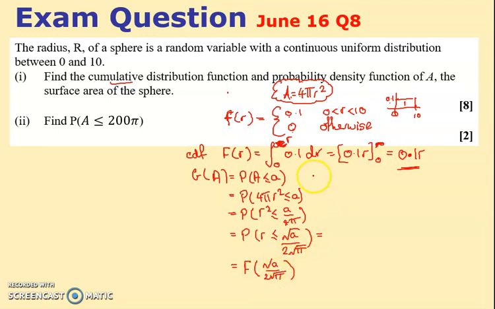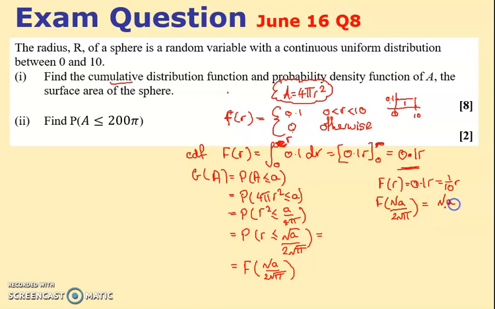Now remember what we do then, we go back to our f formula, which was 0.1r, and we say, well, hang on a bit, if f of r equals that, then f of root a over 2 root pi, well, that's simply 0.1 times it. Now 0.1 is like a tenth of r, so I've got to divide it by 10.